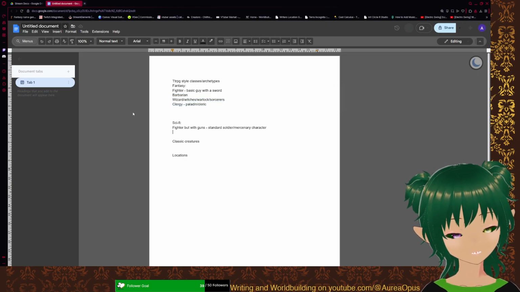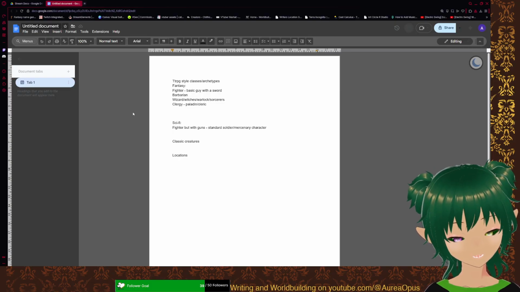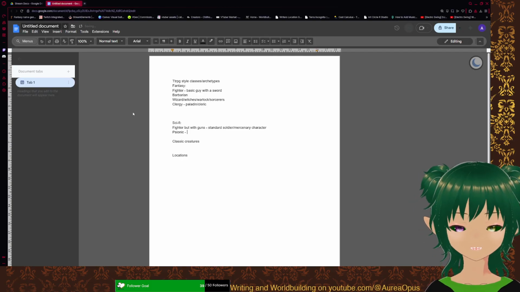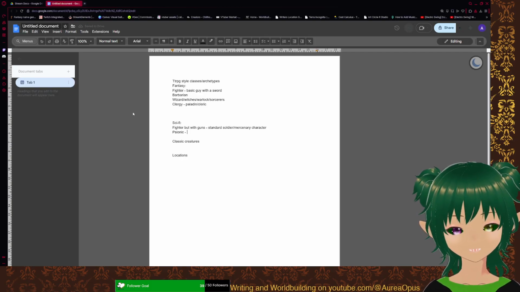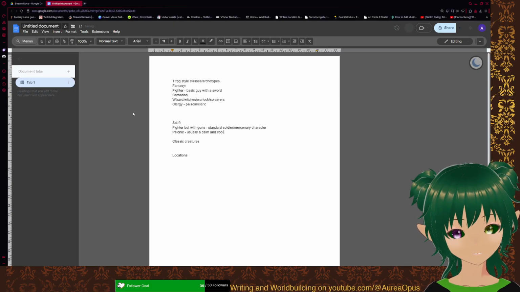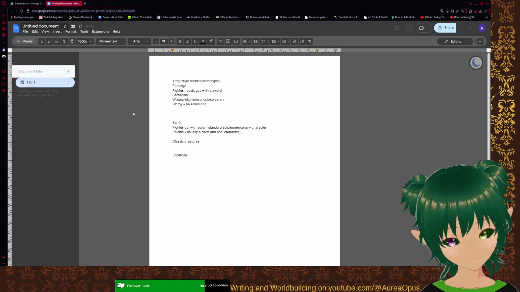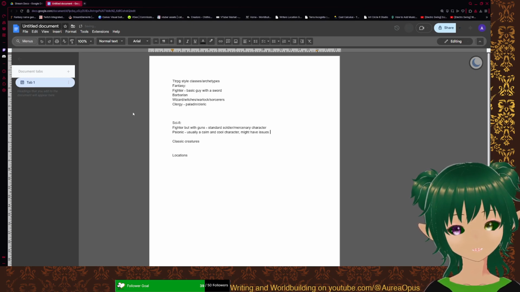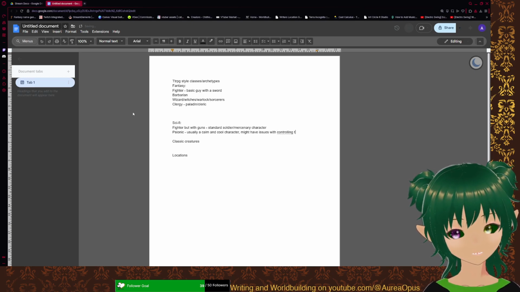For the magic users, you can have the psionic. And that has certain tropes and ideas attached to it, right? Like the psionic tends to be usually a calm and cool character, might have issues with controlling their emotions and therefore their powers.